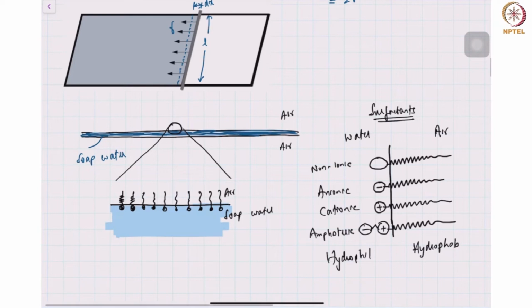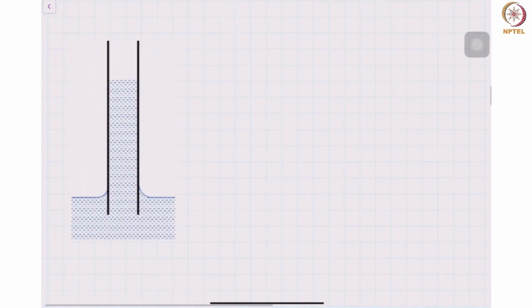Now, there are other consequences of this surface tension. One of the other common consequences is a meniscus. We've already seen this earlier. When you dip a tube or even a plate into water or any other liquid, you will see that there is a small meniscus that is created. By meniscus, I'm referring to this region here.